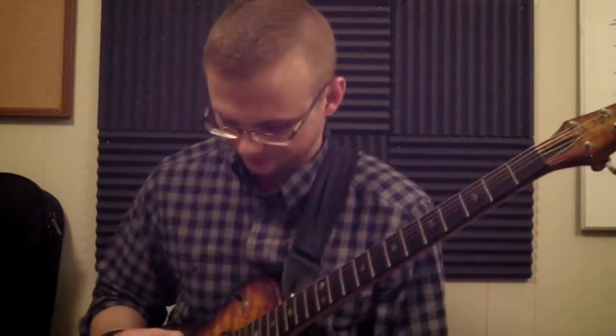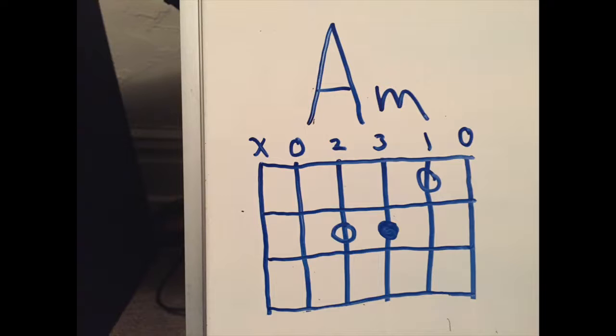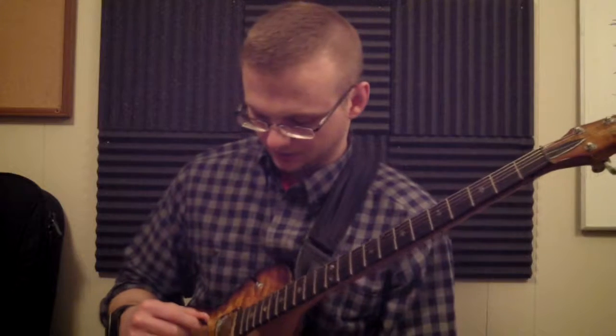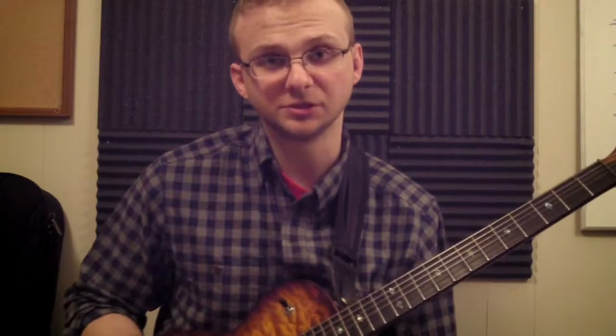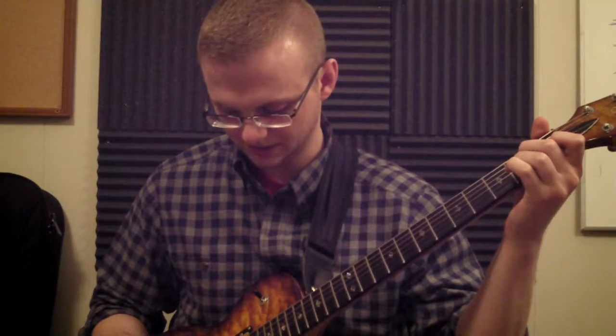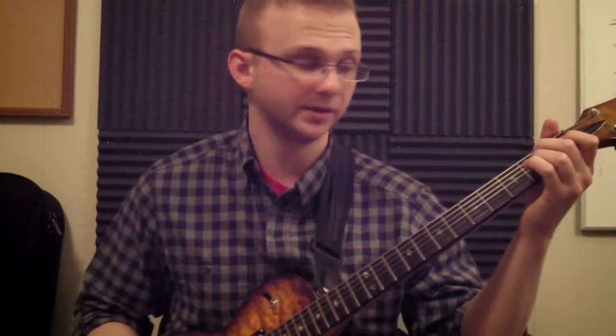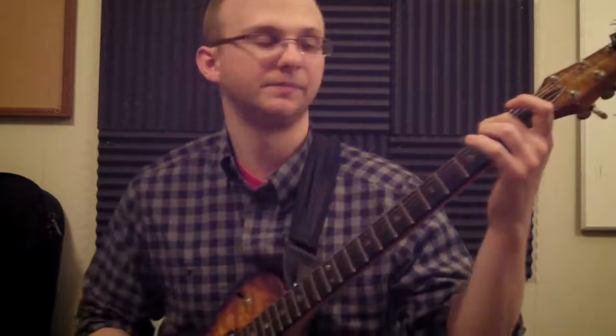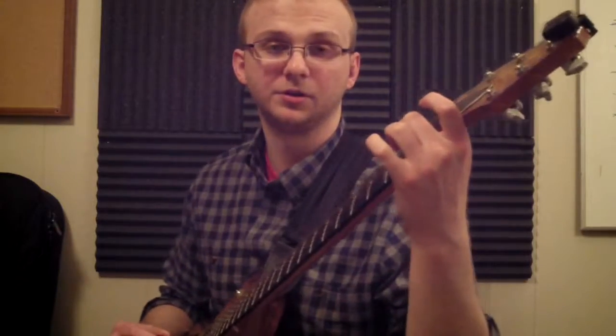The A minor chord is played with the top 5 strings, and you play the open A, then you take your second finger and put it on the 2nd fret on the 4th string.